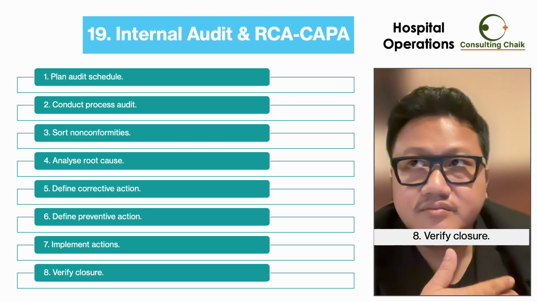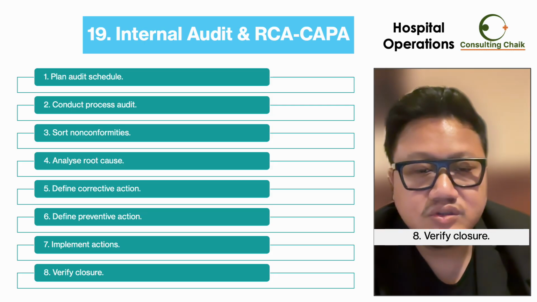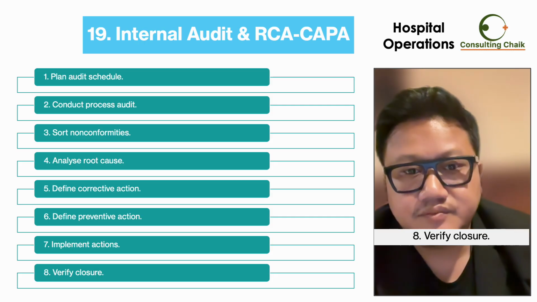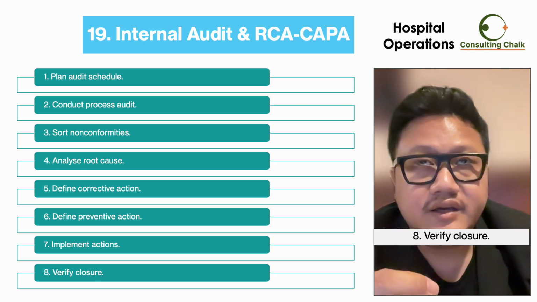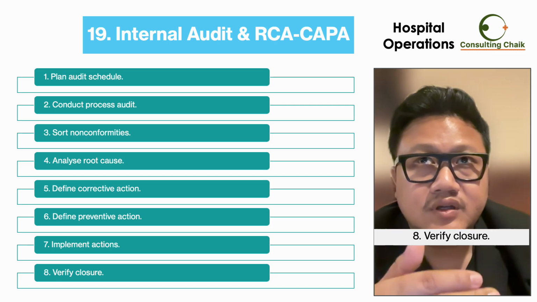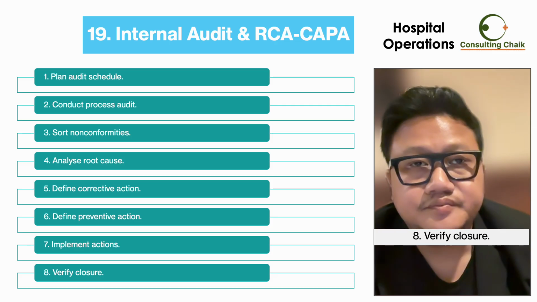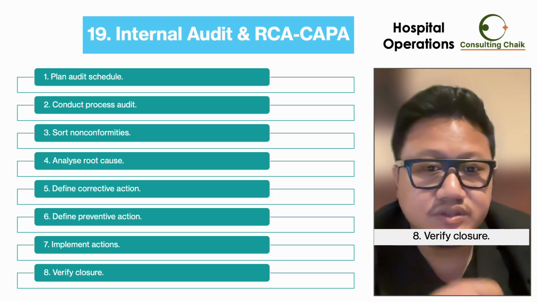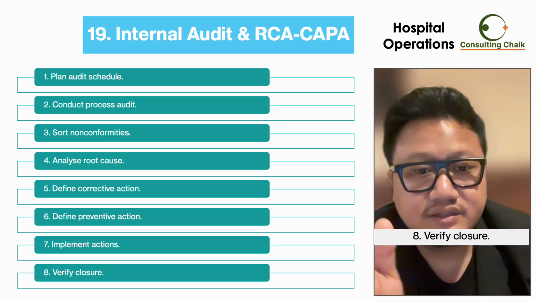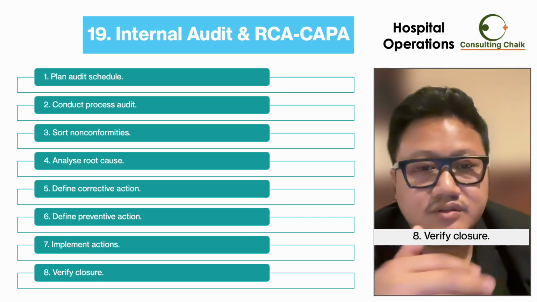By the time you are done implementing most things, you again do a re-audit and verify closure. Even before another round of audit, you verify that this is closed, this is closed, this is closed.